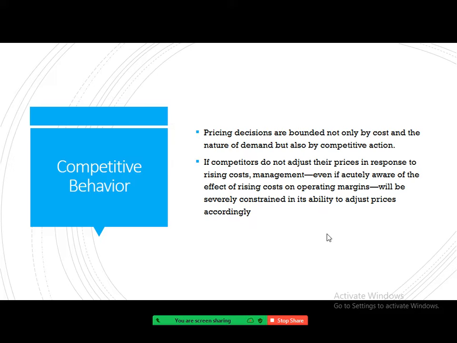If competitors do not adjust their prices in response to rising cost, management, even if actually aware of the effect of rising cost on operating margins, will be severely constrained in its ability to adjust the prices accordingly. Conversely, if the competitors are manufacturing or sourcing in a lower-cost country, it may be necessary to cut prices to stay competitive.